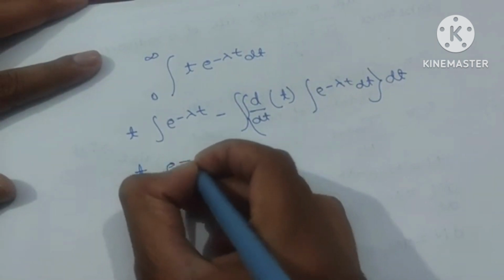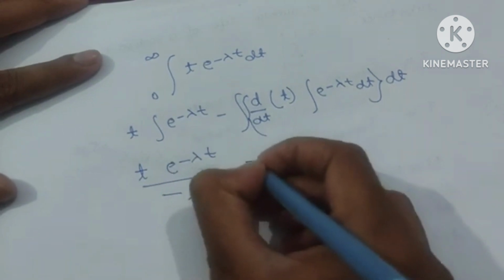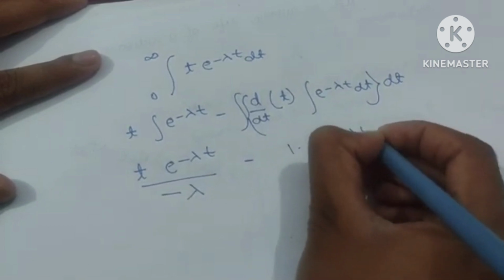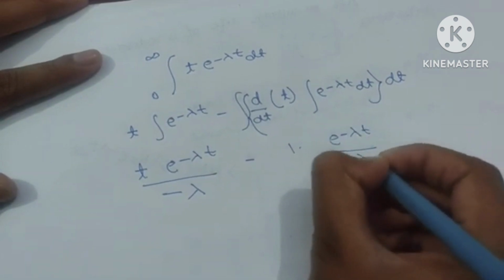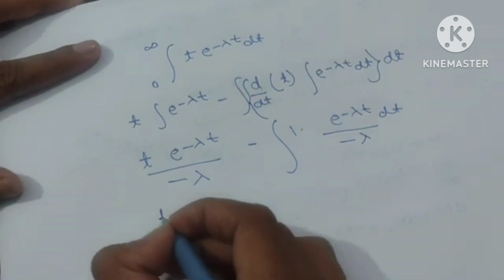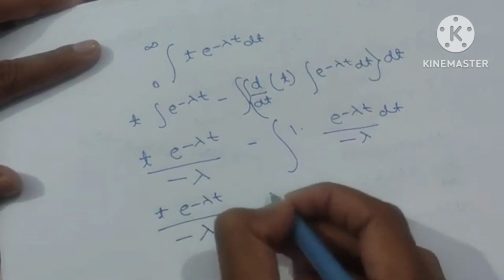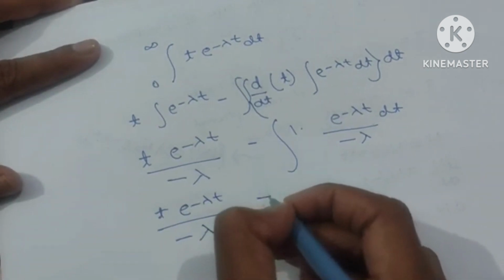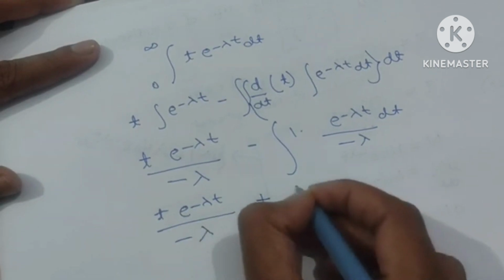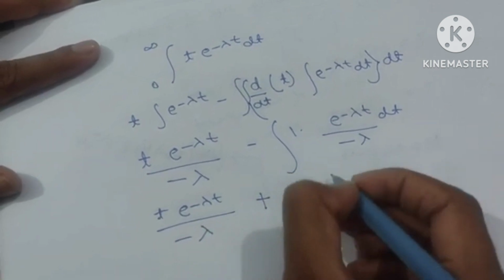So here, t e to the power minus lambda t, minus lambda out is like 1 minus lambda e to the power minus lambda t, there is dt. So like t over lambda minus, so it is like plus 1 over lambda square.